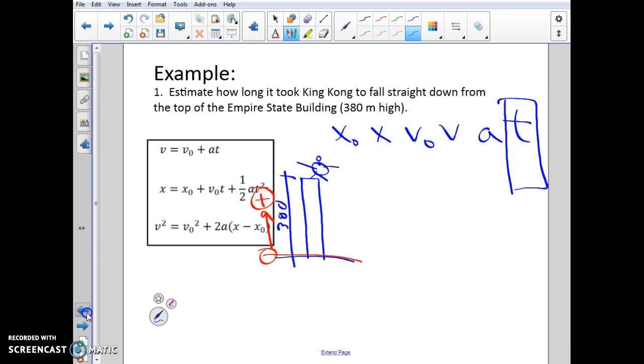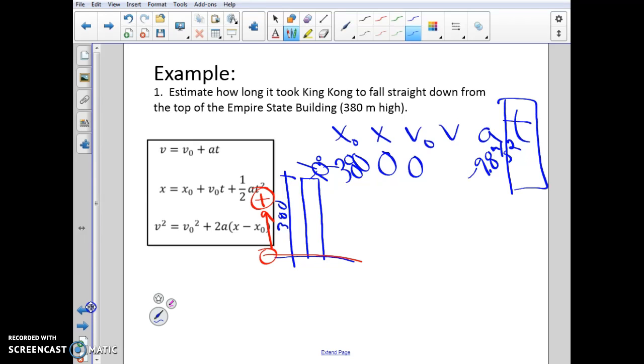So up is positive, that means my acceleration is negative 9.8 meters per second squared. My initial velocity, he did free fall, so its initial velocity is 0. My position is a positive 380, and my final position is 0. He's down to ground level.